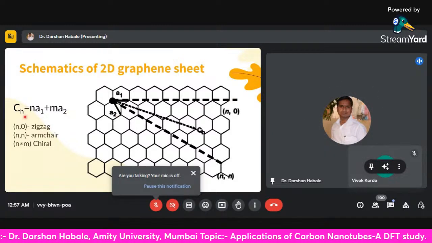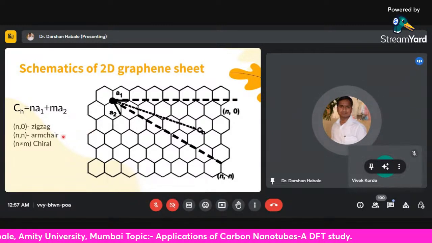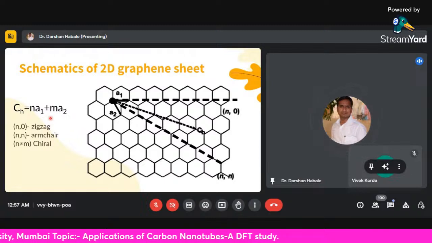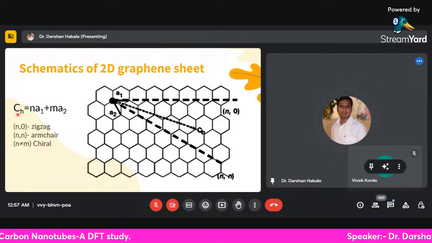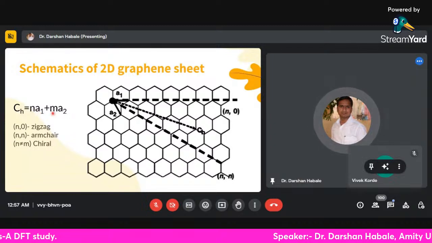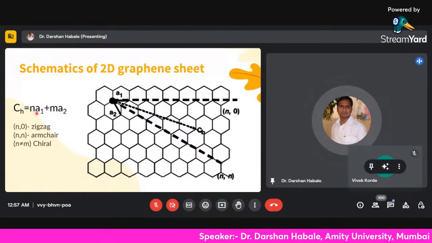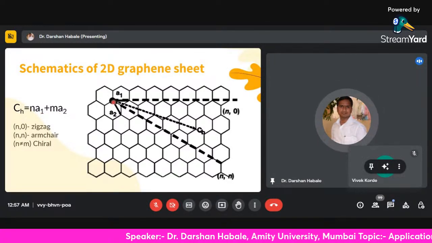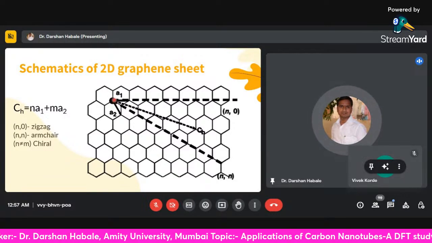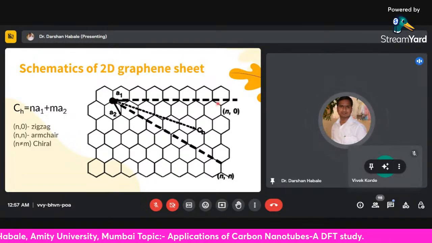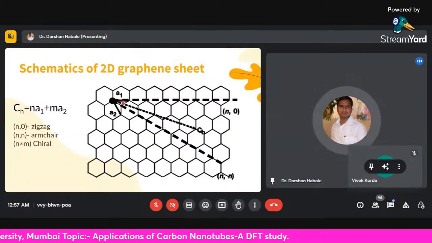For this, it forms a zigzag nanotube. So if m is 0, we have Ch. Ch is called the chiral vector. Okay. So Ch is equal to na1, where m is 0. So we have only na1. In that case, we have only the a1 vector, and this point we are just going to overlap with this point. Okay. So n is the number of vectors.